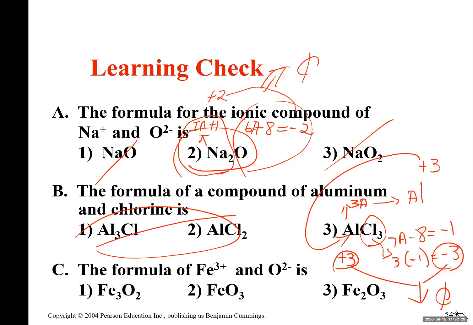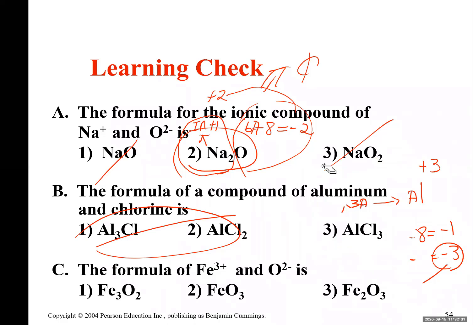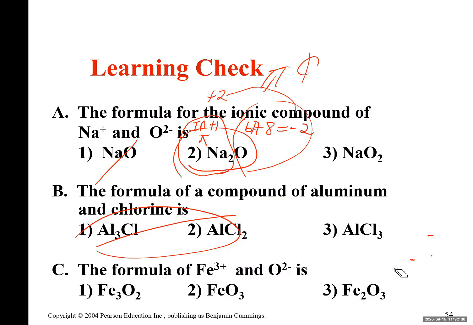The answer in part C, just have to add up the charges to see if they become 0 or not. Can I say here, oxygen, we said it's in group 6A minus 8, so oxygen has a charge of negative 2. How many oxygen do we have? 3. Each oxygen a charge of negative 2. Can I say negative 6 is the charge of 3 oxygens? And the iron has plus 3 charge.